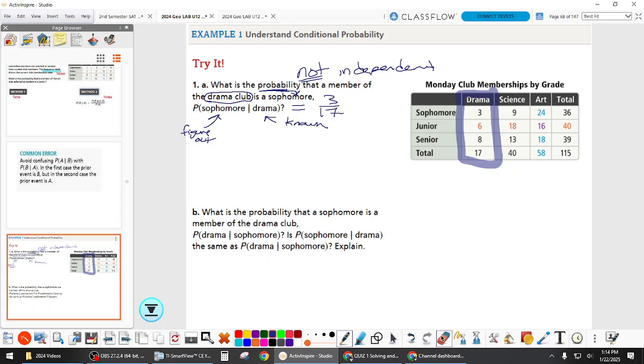Okay. Now, look at this. We're just switching the words. What is the probability that a sophomore? What do we know now? Now this is known: is a member of the drama club.